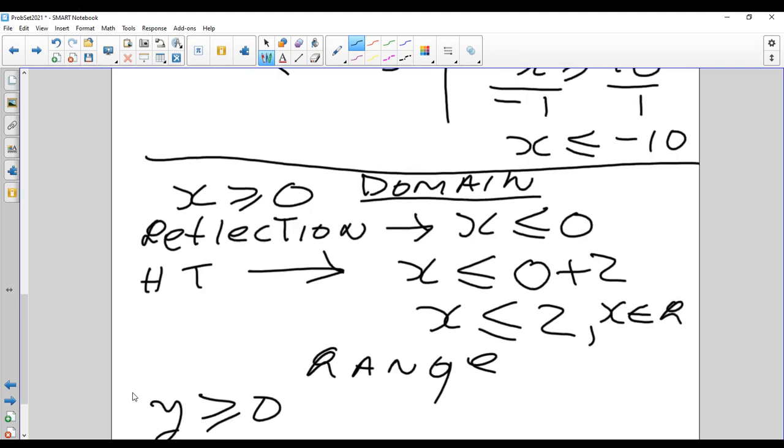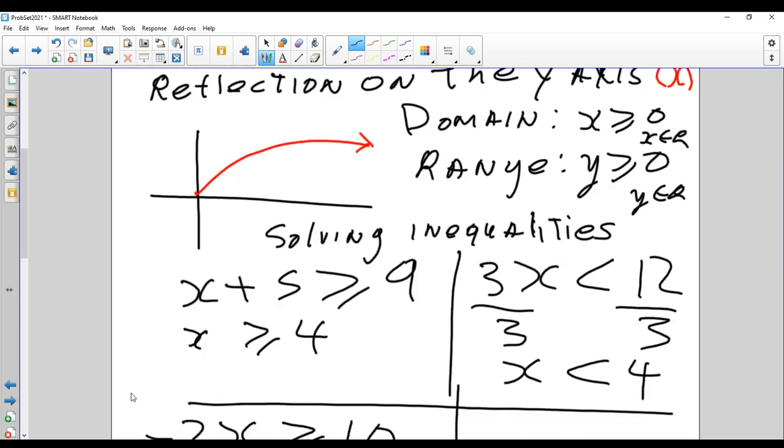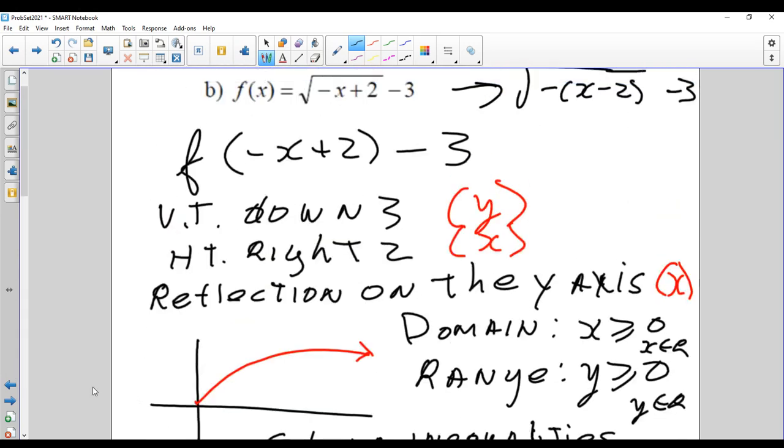What should this do? The thing that affects the y was VT down 3. So how is that going to affect my range is the question. Does anybody have an idea? Yes, Ashton. You take away 3 from the 0. Absolutely.